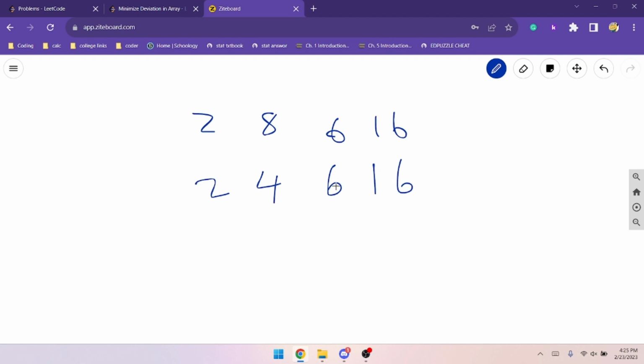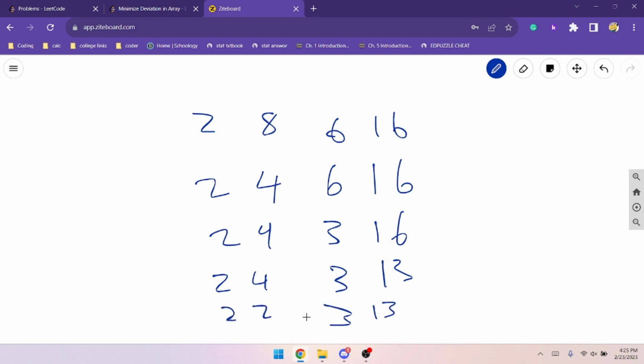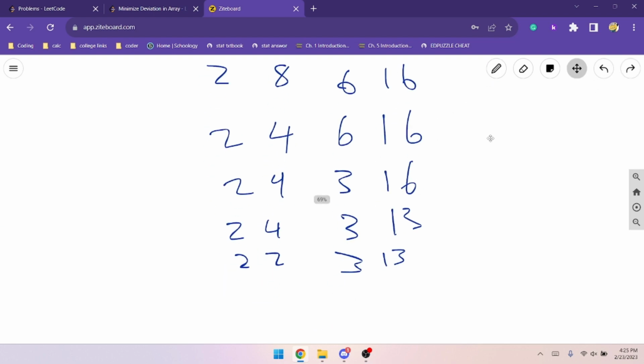It's going to do 2, 4, 6, 1, 6, and then look at which one's the maximum number. 2, 4, 3, 1, 3, and then which one's the maximum number. 4. It's going to make it 2, 2, 3, 1, 3, and then the biggest number it realizes is odd, so it can't shrink it even smaller.